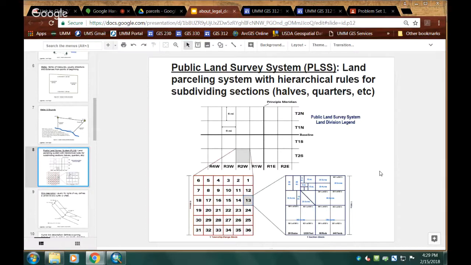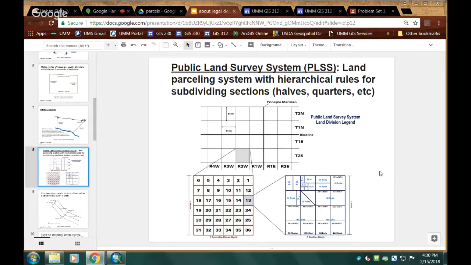It's what led to what we call the unorganized township numbers. And a lot of the towns that we have that are organized currently in Maine began as these land parcel system quadrangles, so squares essentially plugged into the land.